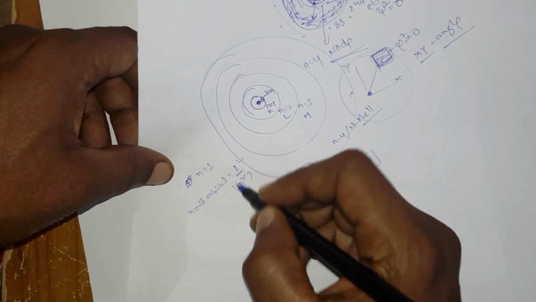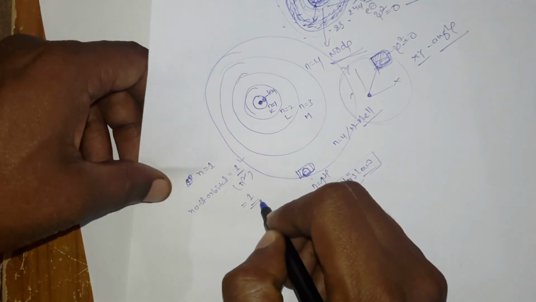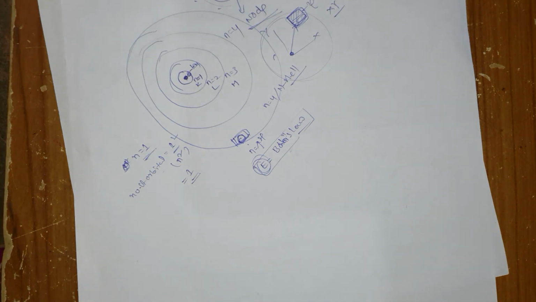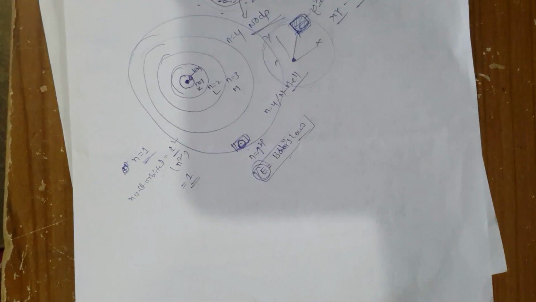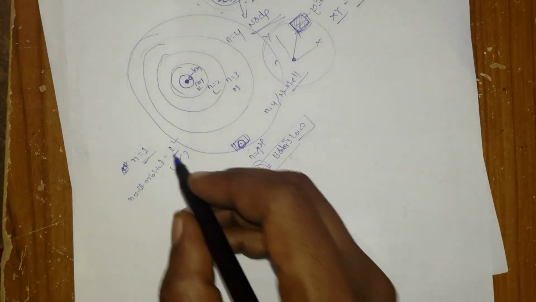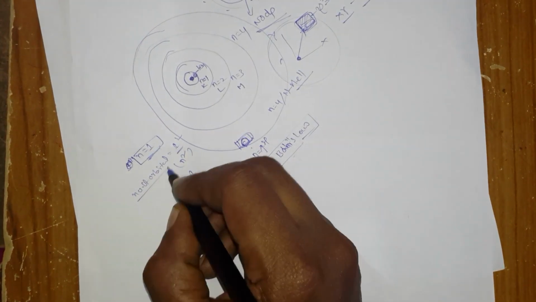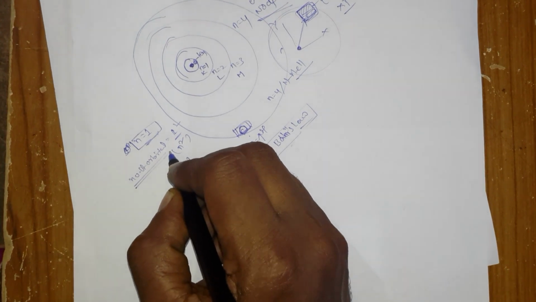That means only 1, so only one orbital can be present in the principal quantum number of 1.